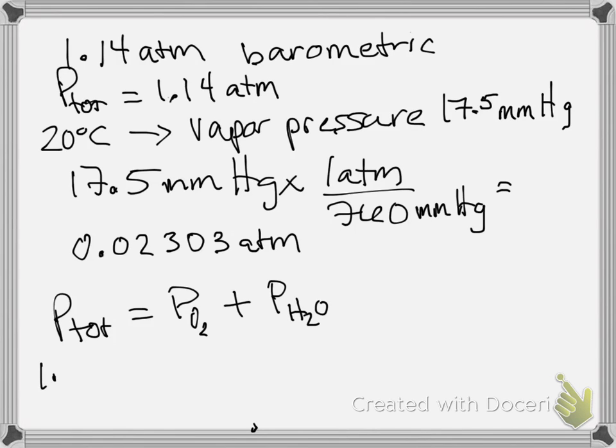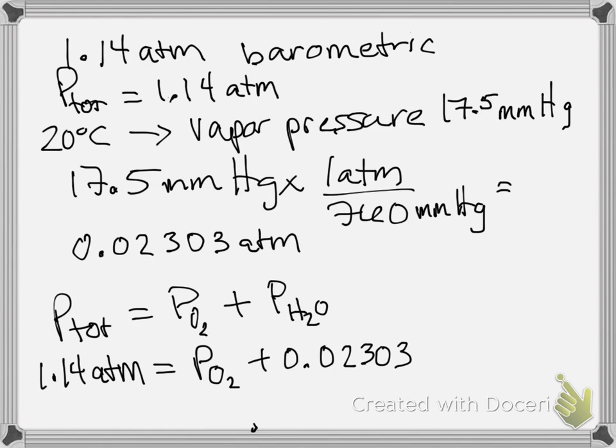So here we know that the total pressure was 1.14 atmospheres. I don't know the pressure of my gas. That's usually what we're trying to find. I do know the pressure of the water. So to solve this, I'm just going to subtract from both sides.